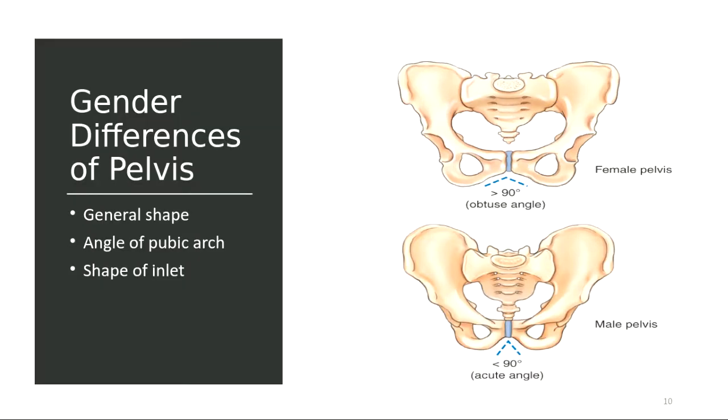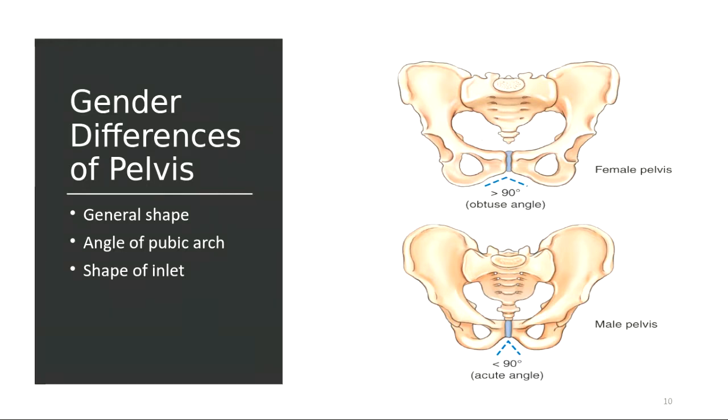When we look at some of the differences between genders of the pelvis, this is on page 268. Typically the three differences are the general shape of the pelvis, the angle of the pubic arch, and the shape of the inlet. So you can see up here we have a female pelvis, and down here we have a male pelvis.